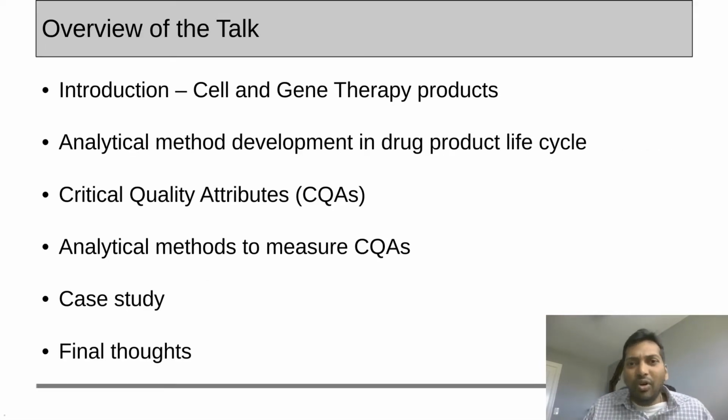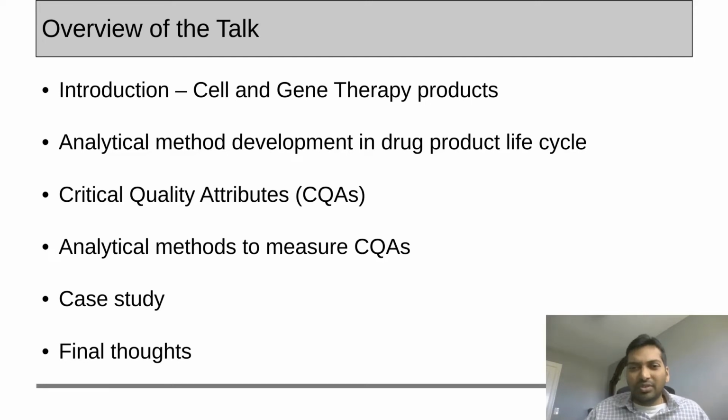The overview of the talk: I'm going to introduce the cell and gene therapy products currently in the market, and then talk about the drug product life cycle, including how analytical development is attached to this life cycle. Then I'll talk about critical quality attributes in a general sense, and then about critical quality attributes in cell and gene therapy.